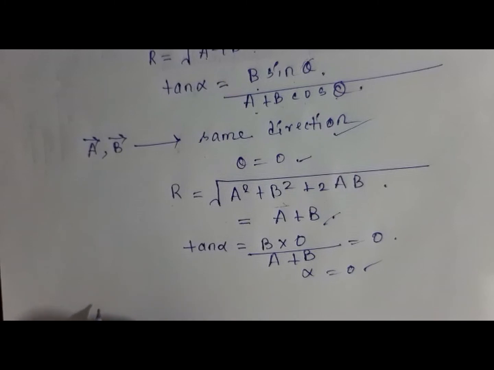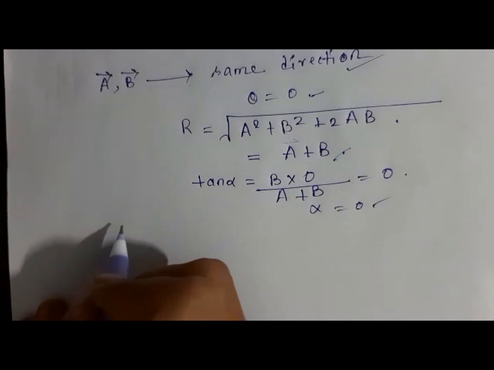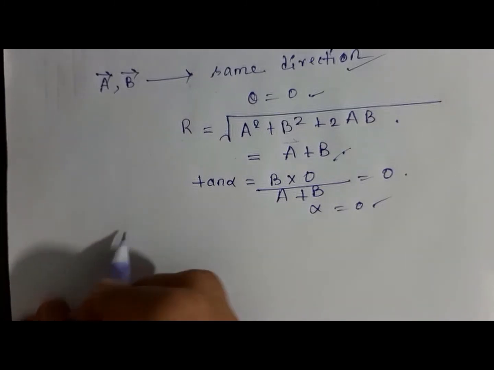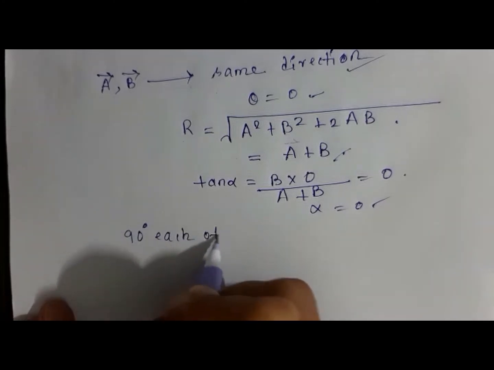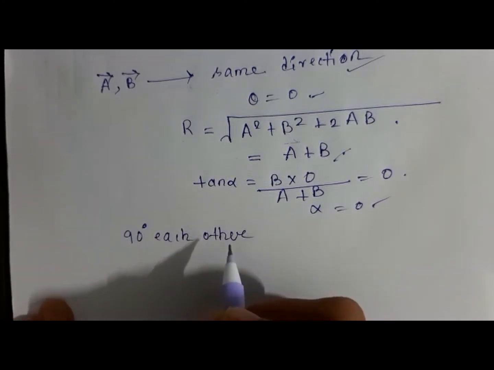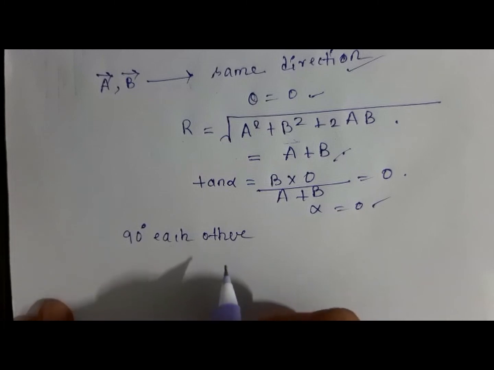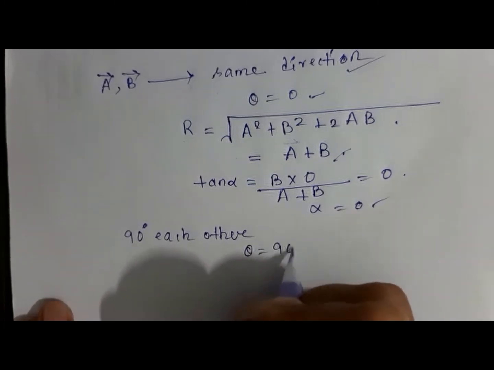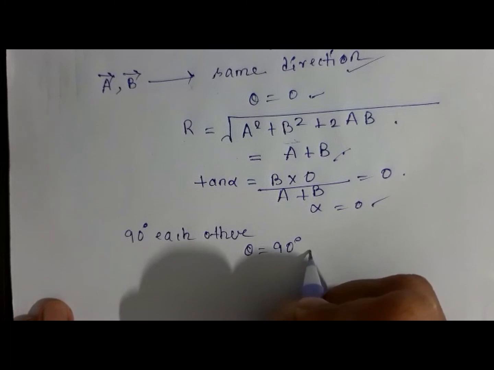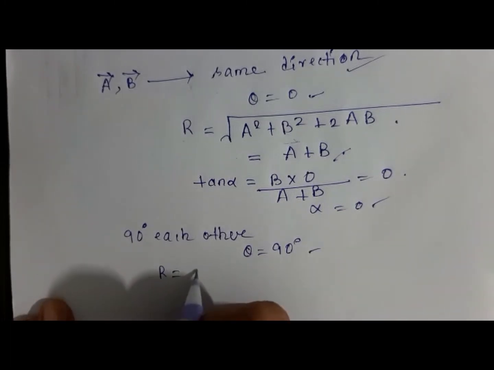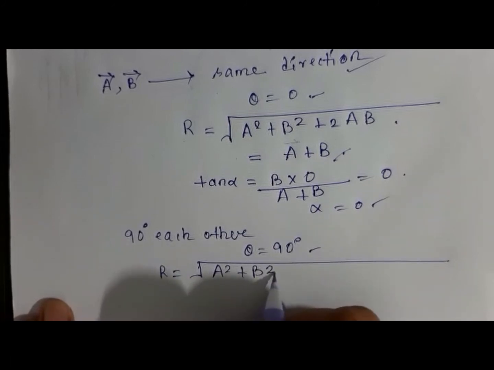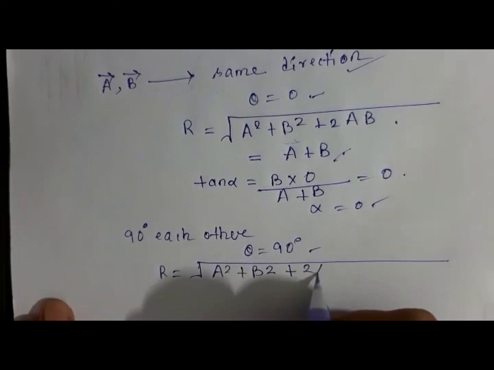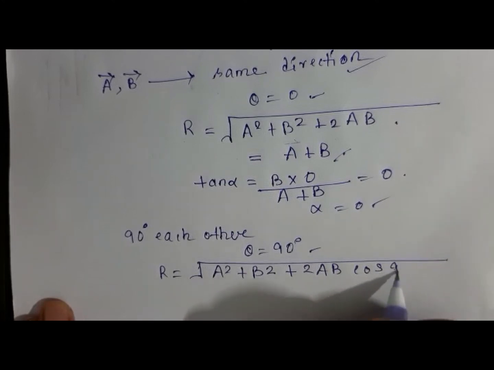Now for the next case, when your two vectors are at 90° to each other, your theta is going to be 90°. Then A square plus B square plus 2AB cos 90, what is cos 90?